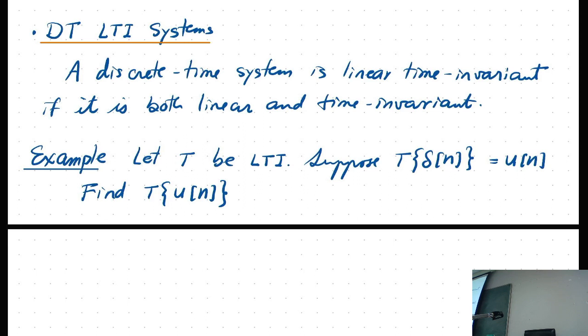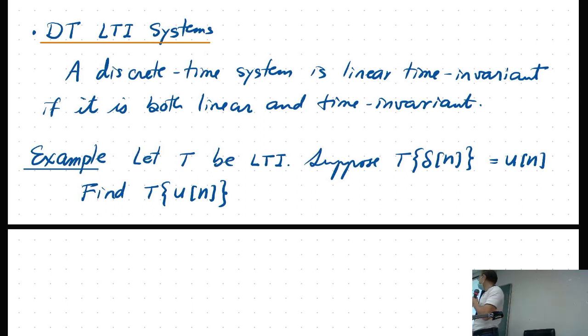Now, the third information, which is the question itself, asks you to find the response of this system when the input is the unit step. You have to be aware that this input and this input are not the same. So don't expect the response to be u[n]. It will not be the same u[n] there because the inputs are not the same. Okay, so our task is to find what this is.